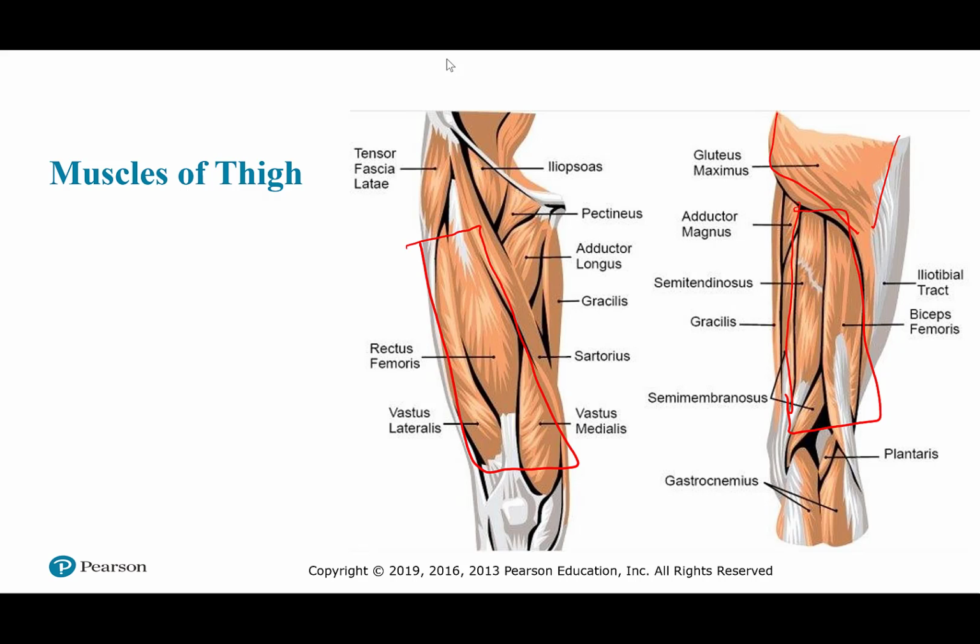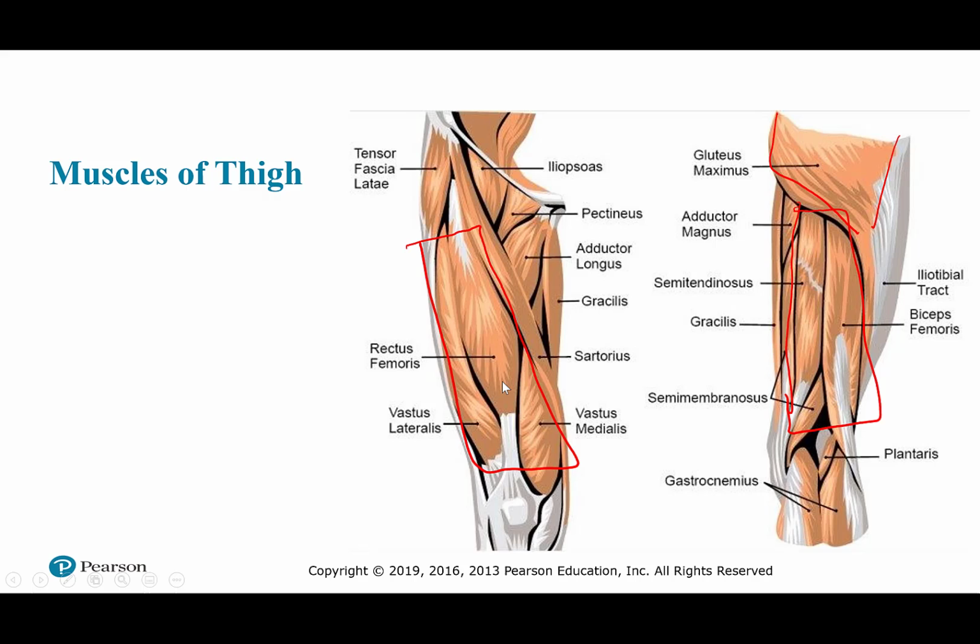Okay, let's take a look at some of these muscles here. So we have the quadriceps group on the front and the hamstring group on the back. The quadriceps, quad means four, so with the quadriceps group, we have four muscles. We have the rectus femoris here. As the name suggests, rectus means straight.